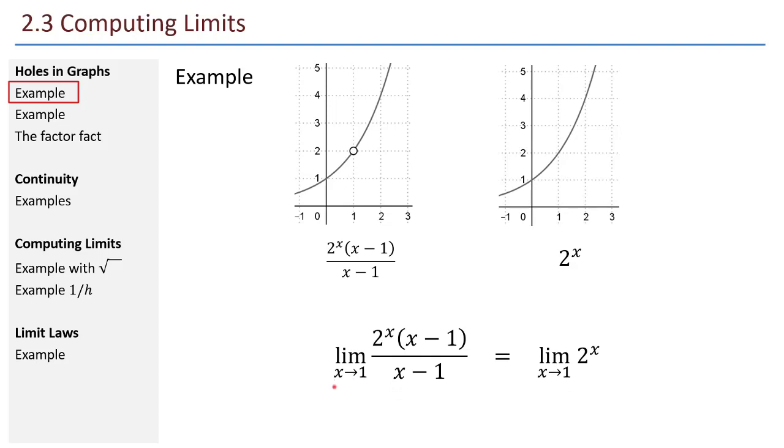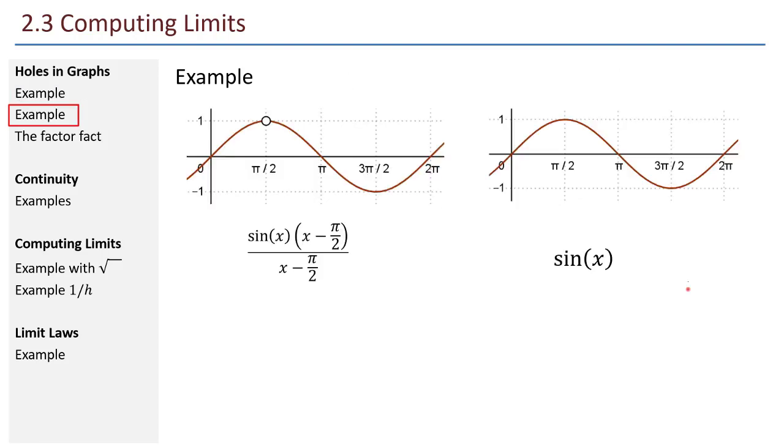So the limit as x approaches 1 of 2 to the x times x minus 1 divided by x minus 1 really is the same as the limit as x approaches 1 of 2 to the x. Canceling these common factors doesn't change the limit, and it gives us a simpler problem to work with. So this is a really nice tool for simplifying limit problems. I know that I can cancel common factors without changing the answer.